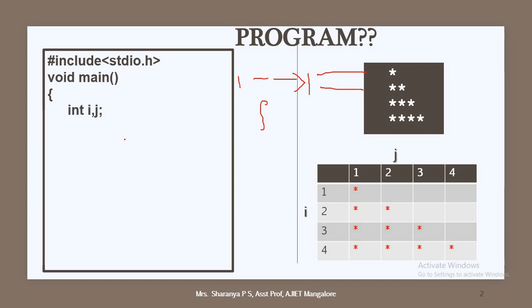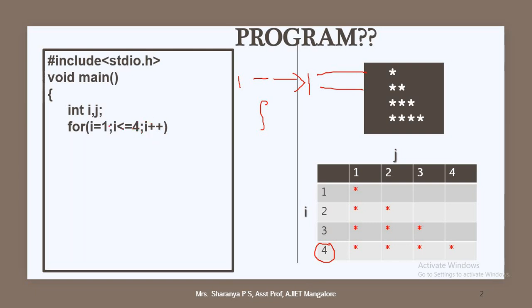In the first for loop we run with i, which begins with 1 and needs to extend till 4 because we are running with 4 rows. So I have set the initial condition as 1 and the maximum condition as less than or equal to 4.